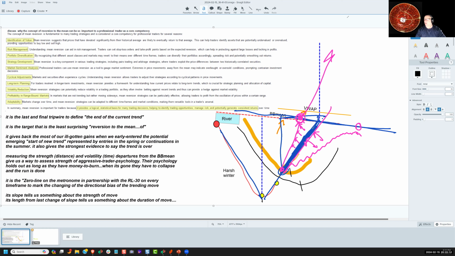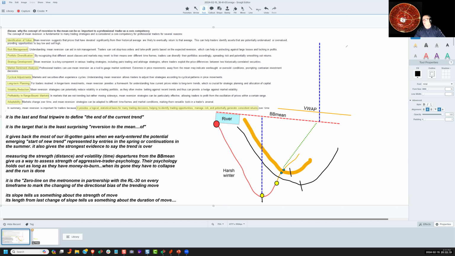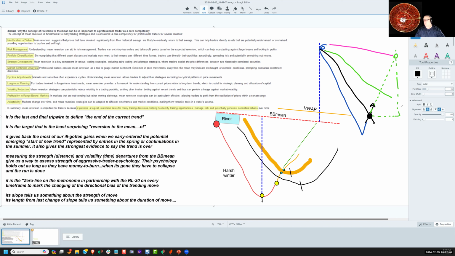Now, if you're using the regression line fractal framework, you actually have 270. You have the RL10 came down this far, and then you'll see the RL30 came this far, and that marks the P1. That's potentially an entry. And then typically the RL90 will be something like this, and then that acts as a checkpoint. I just draw that line like that, and I estimate in time, where could that thing get to?